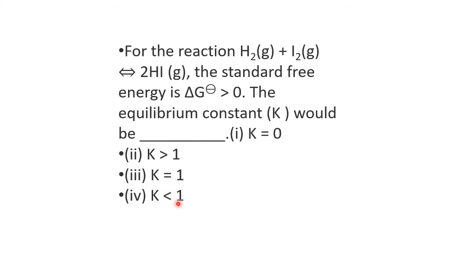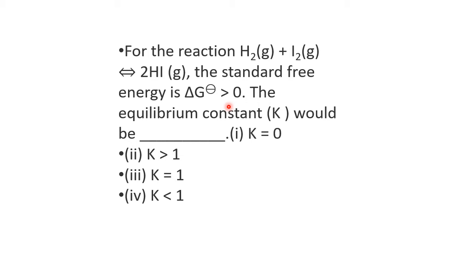For this, you have to use the relationship between delta G and equilibrium constant, the equation I told you in the theory class. After using that equation, K will be less than 1 for delta G more than 0.